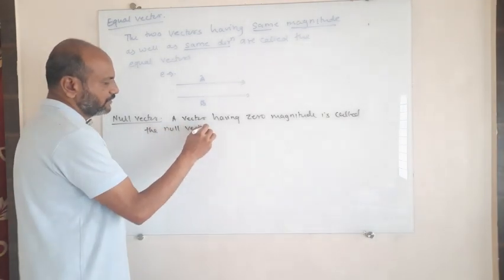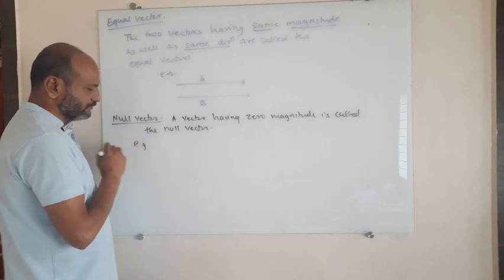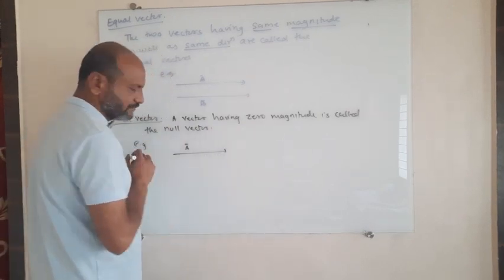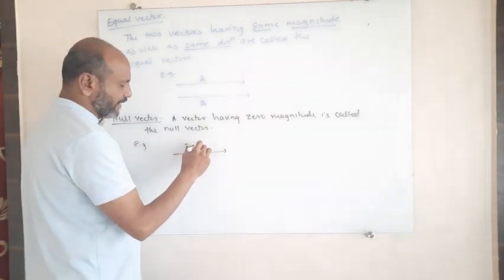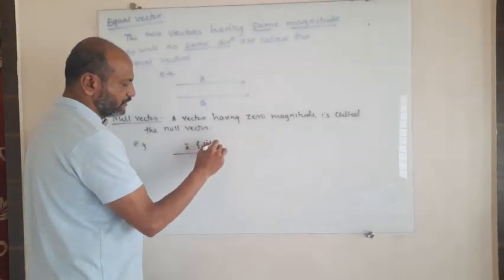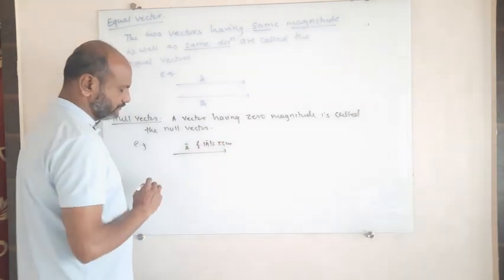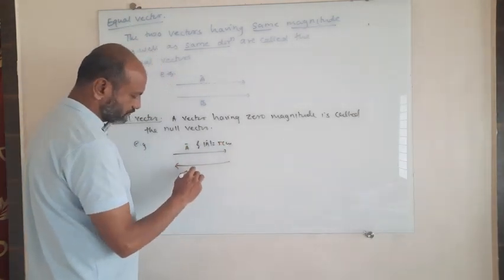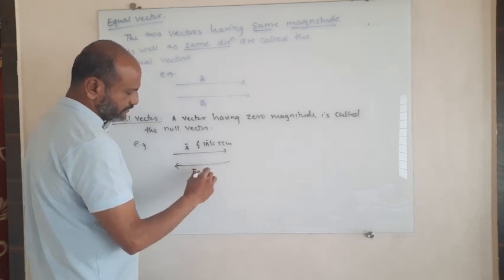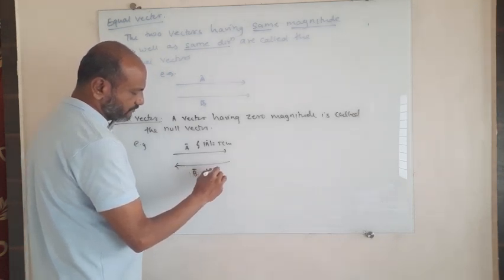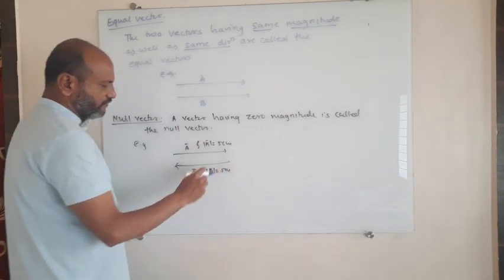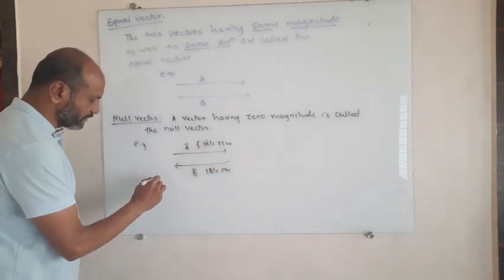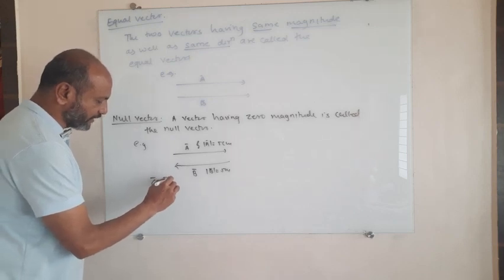For example, consider we have two vectors, A bar whose magnitude is 5 centimeter, and another vector B bar whose magnitude is 5 centimeter, but both are opposite in direction. Suppose C bar is the addition of these two vectors.